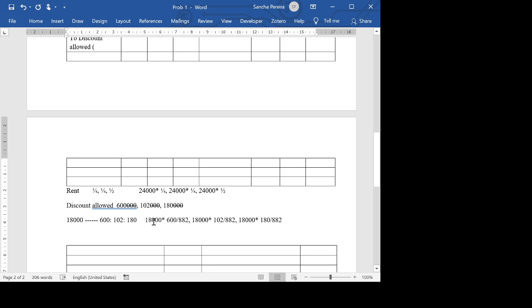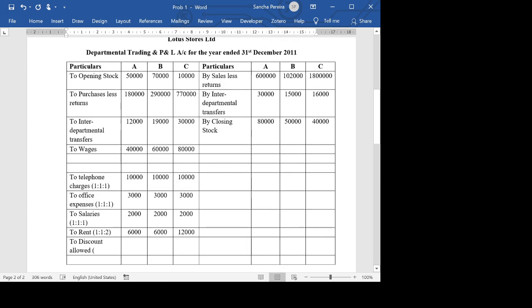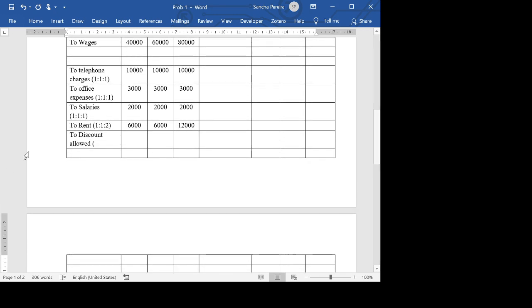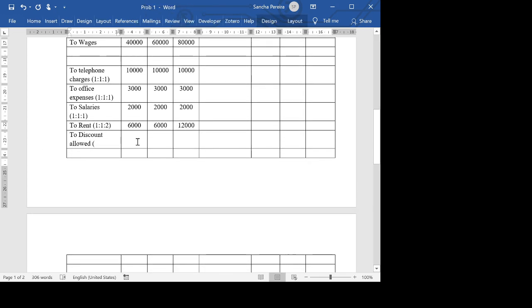Now if you divide this, your discount allowed comes to 3,000, 6,000 and 9,000.